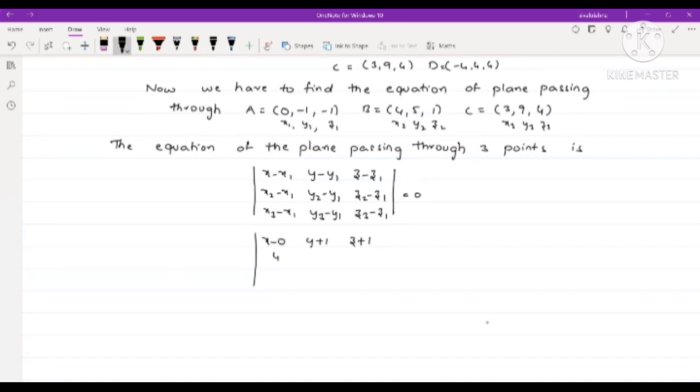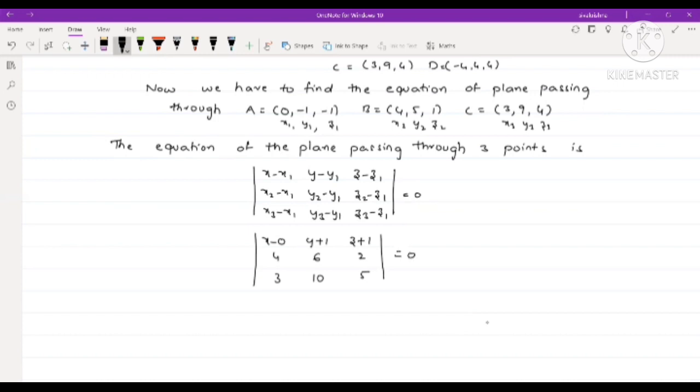Next y2 minus y1, 5 plus 1, which is 6. Next 1 plus 1 gives 2. In the third row, x3 minus x1, 3 minus 0 gives 3, 9 plus 1 is 10, and 4 plus 1 is 5, is equal to 0.